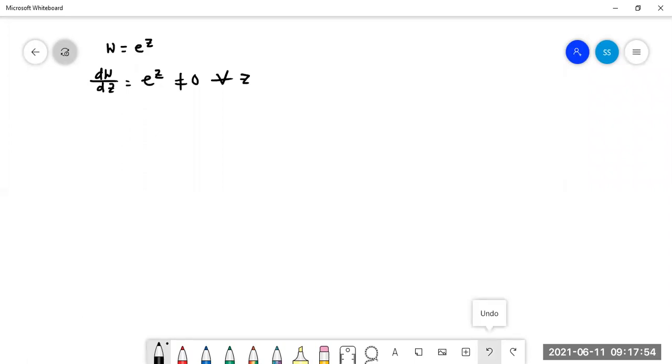No, sir. So w equal to e to the power z is conformal everywhere in the z plane.